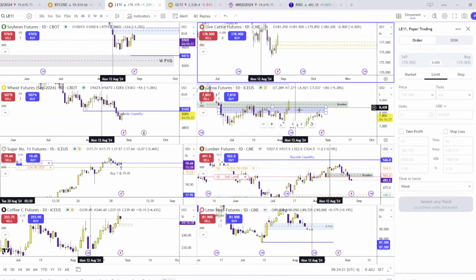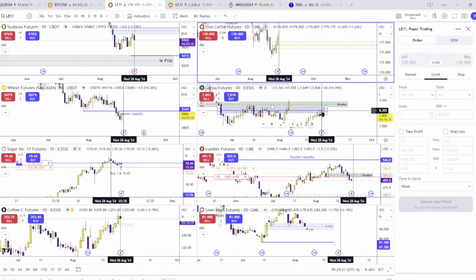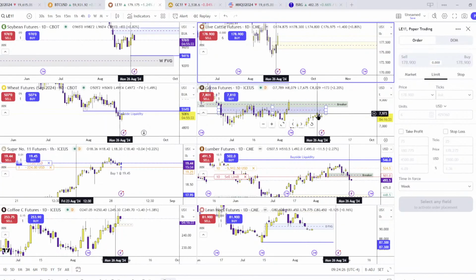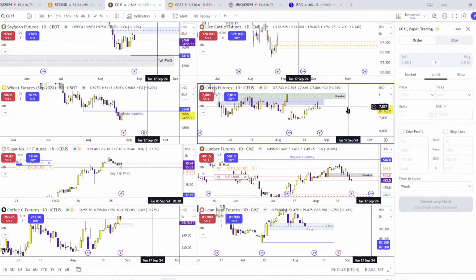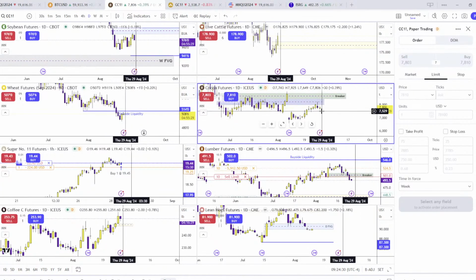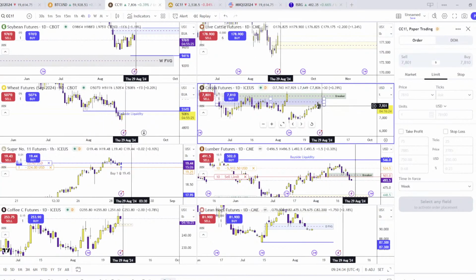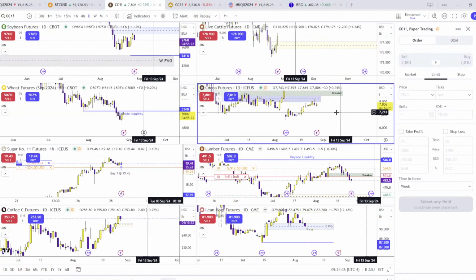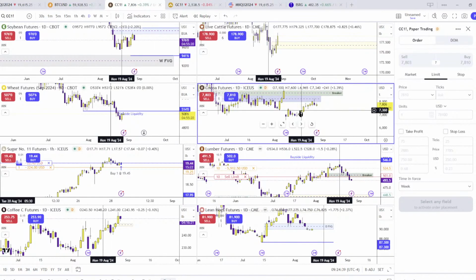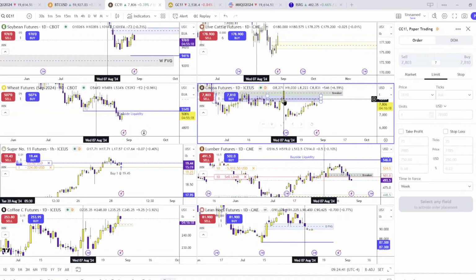Cocoa, off the mean threshold or the consequent encroachment, and we're looking for this to... we're still inside that, so we got to get out of here before any significant levels. We've just come back to hit the high of it, so we filled it.